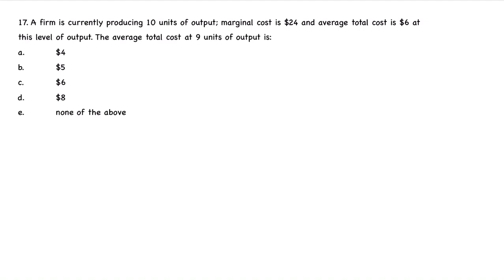Question 17 says a firm is currently producing 10 units of output. Marginal cost is $24. Average total cost is $6 at this level of output. Average total cost at 9 units of output is... So when our quantity is 10, our marginal cost is 24 and our average total cost is 6.